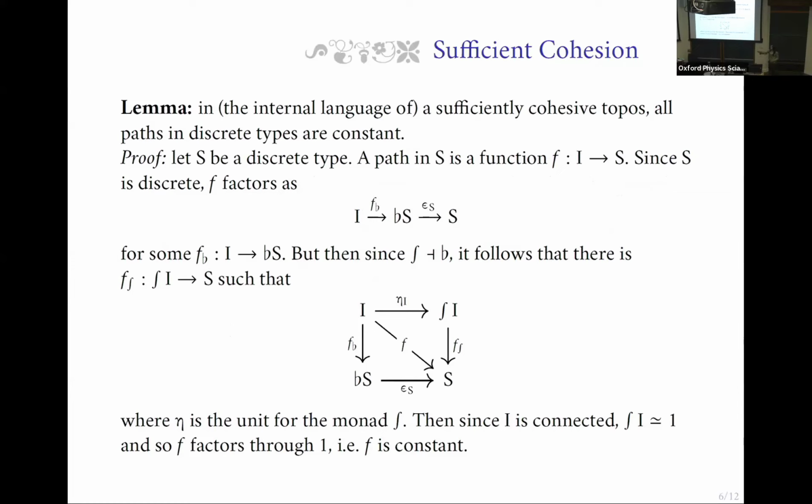Then since I is connected, this here is equivalent to just the unit type. That means f factors through the unit type, and so it must be constant.